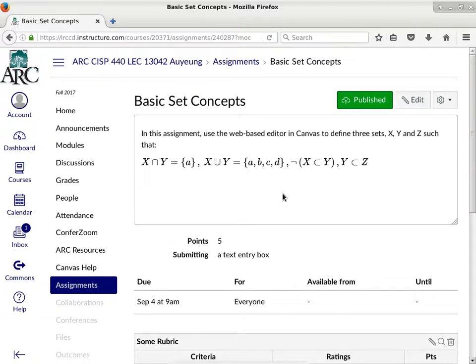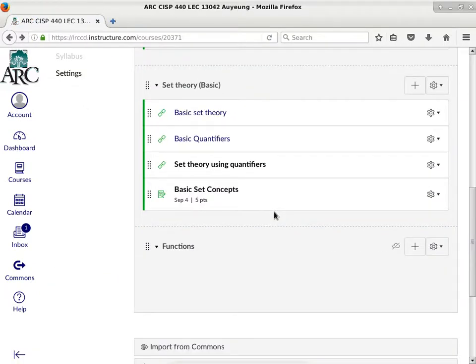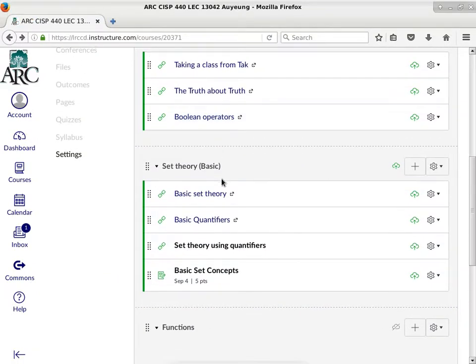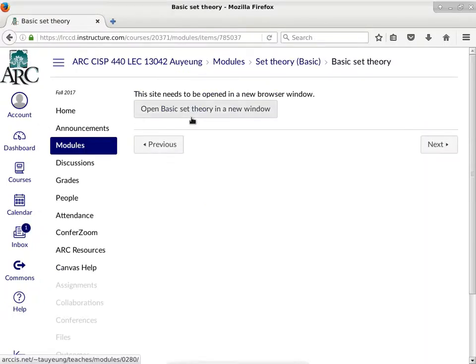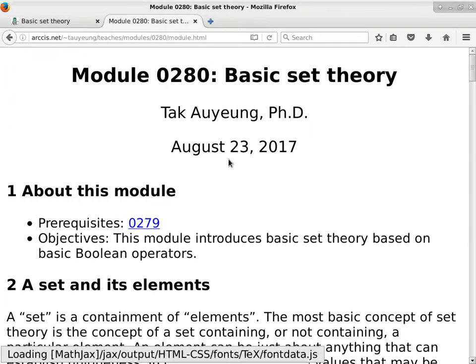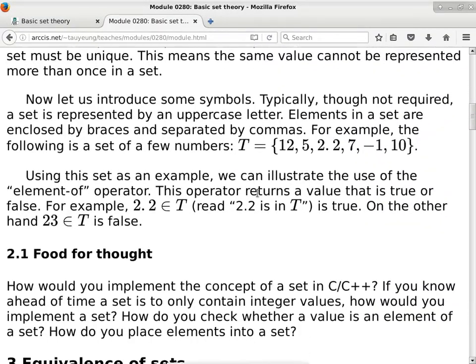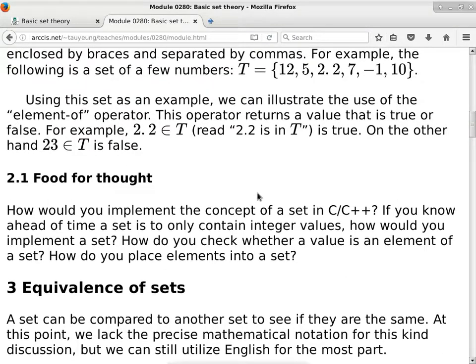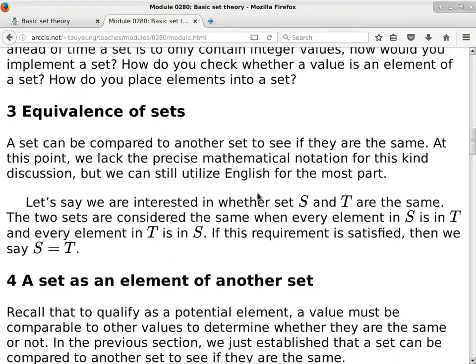Okay. All right. So let's go ahead and go back and look at those concepts. So those concepts are all in basic set theory, which I think we started already. Is that right? Okay. So last week we started on the discussion of notations in set theory.